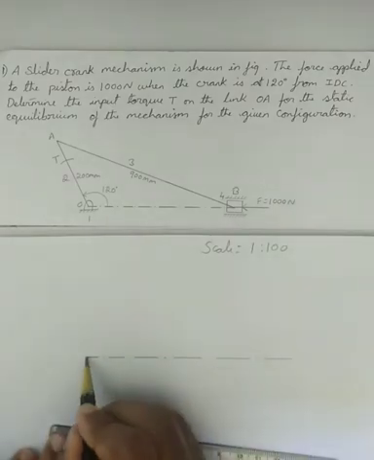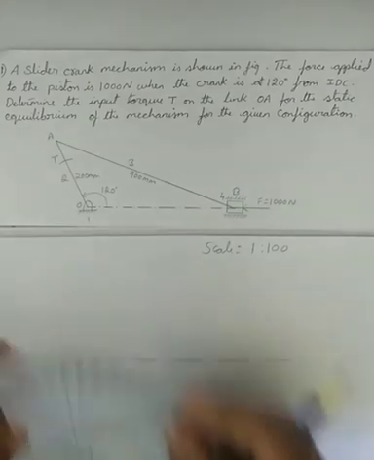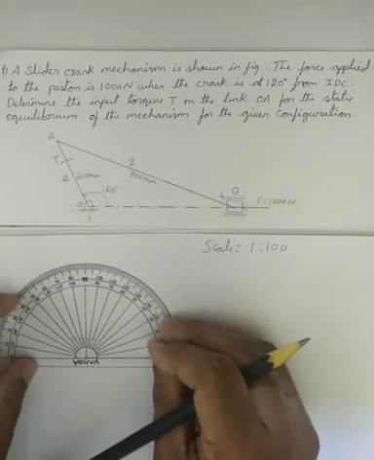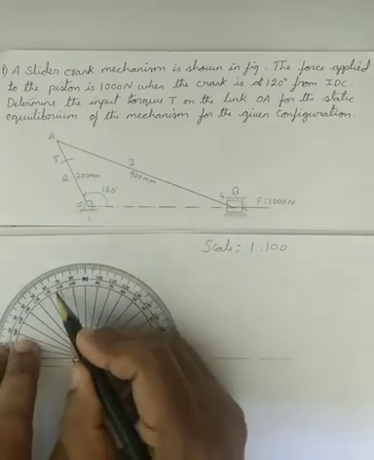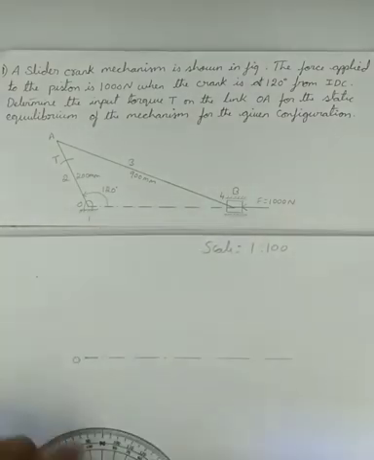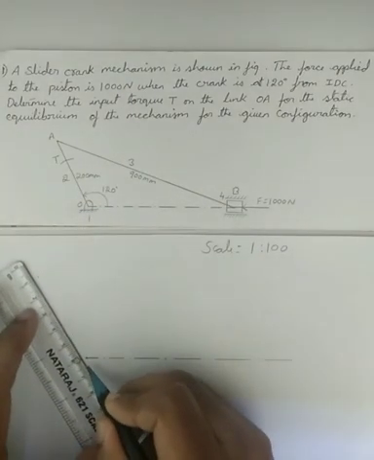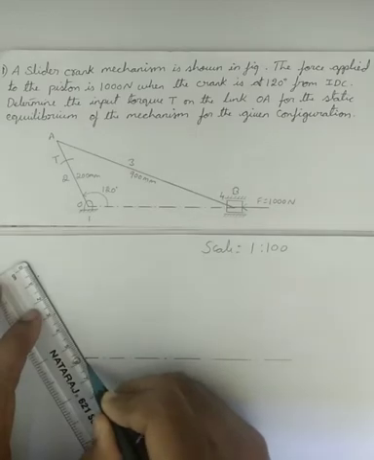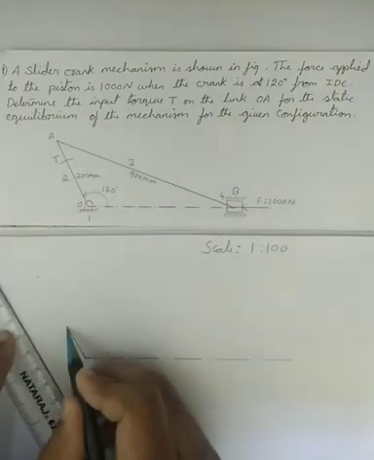Now I will consider the point O. I will take the protractor and mark 120 degrees, as specified. So I will mark 120 degrees, and the length is 200 mm, which at 1:100 is 2 cm. So I will draw a 2 cm line at the 120 degree angle and make a point on it.